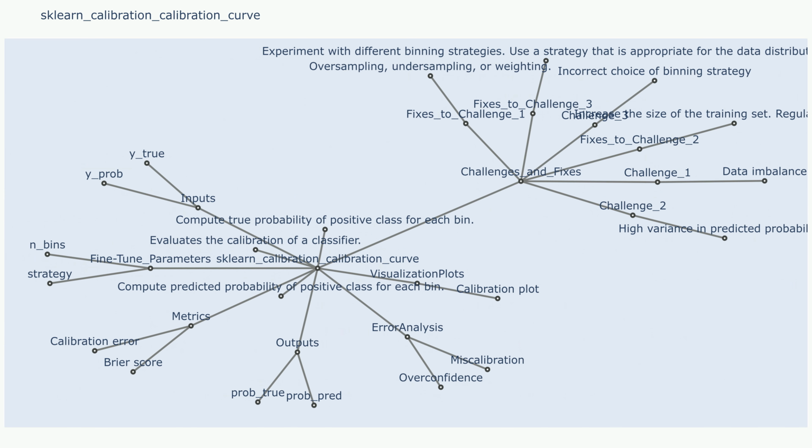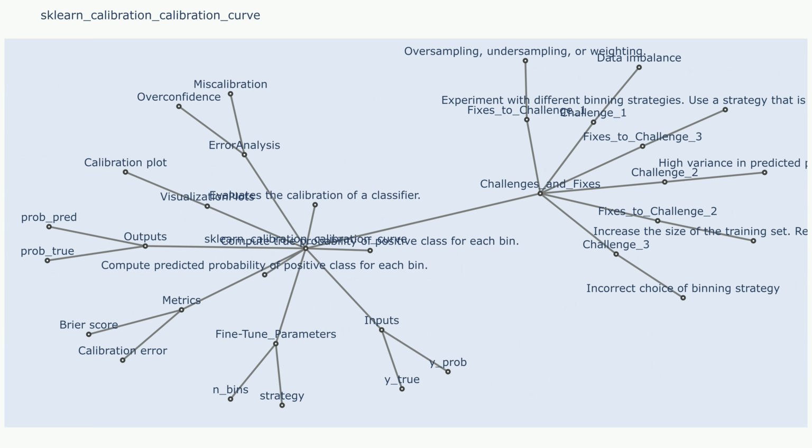Steps. Binning. The calibration_curve function first divides the predicted probabilities into bins based on the chosen strategy, e.g., equal width or equal frequency. Averaging. It then calculates the average true probability, prob_true, and the average predicted probability, prob_pred, for each bin. This averaging process is done separately for the positive and negative classes.